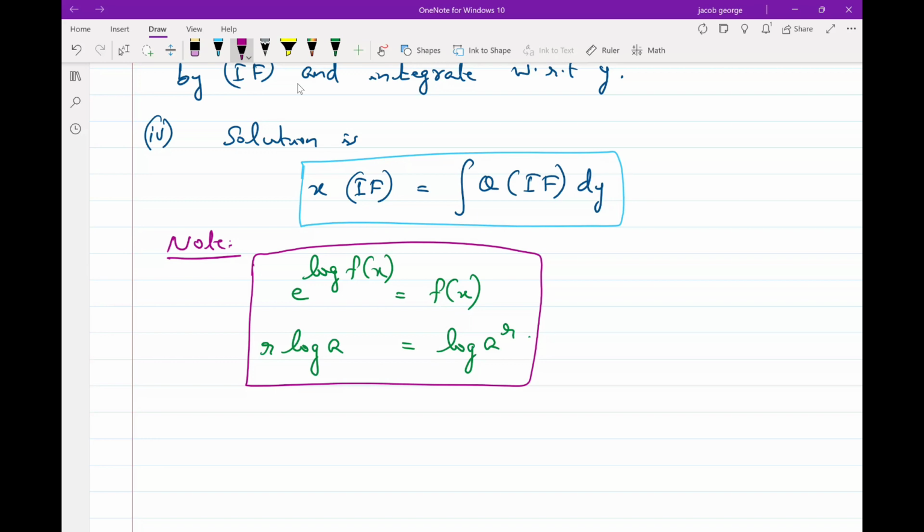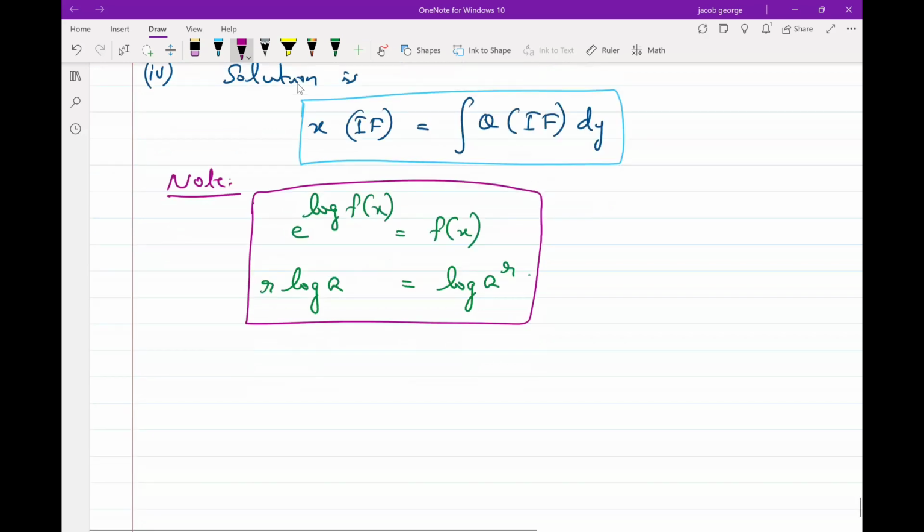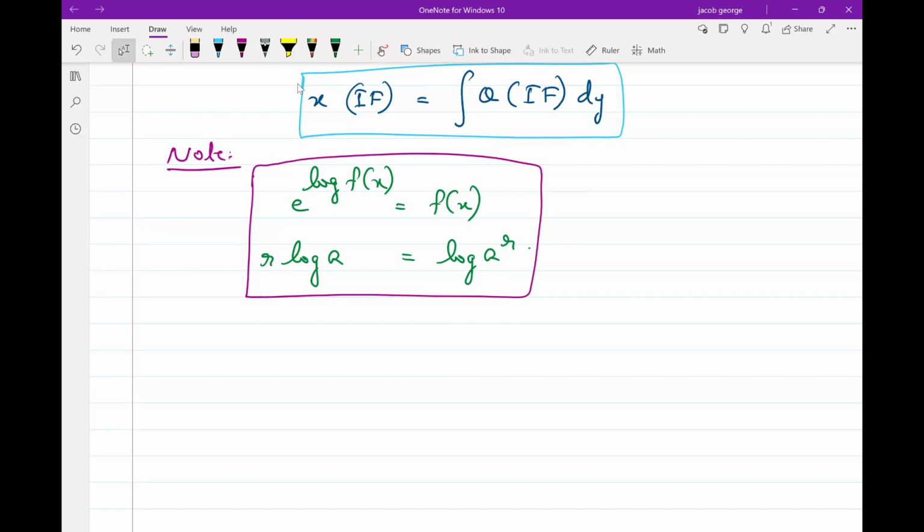Start. Solve dy by dx plus 2y is equal to e raised to minus x. This is of the form of the first type.